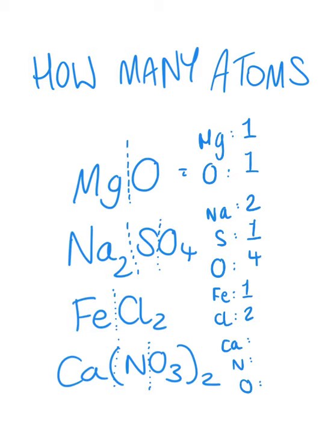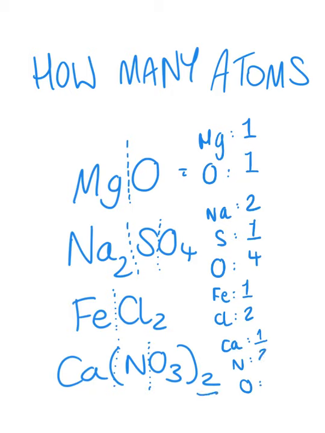Now, calcium isn't in the bracket and it doesn't have any numbers next to it, so we assume that there is 1 atom of calcium. Now, nitrogen is in the bracket. Inside the bracket, there is no 1 or no number directly attached to it, so we are assuming that there is 1 nitrogen in the bracket times by the 2 on the outside, which is here.